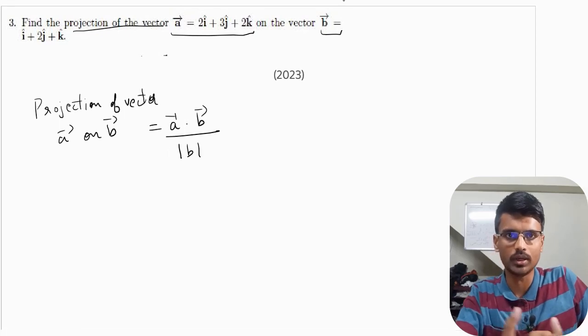The dot product divided by the magnitude of vector B will give us the projection of vector A on B.